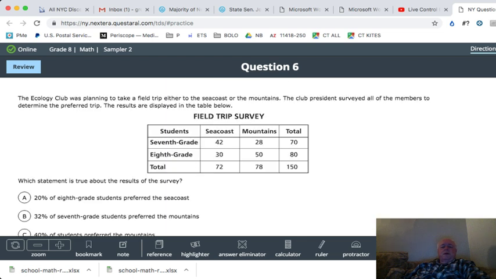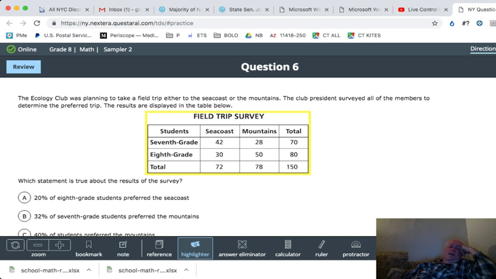Question number 6. Again, same thing to me. I'm going to ignore the words and look at the table here. So it seems like 7th and 8th graders took a field trip survey. How many kids want to go to the sea? How many want to go to the mountains? Looks like the total's going up and down.